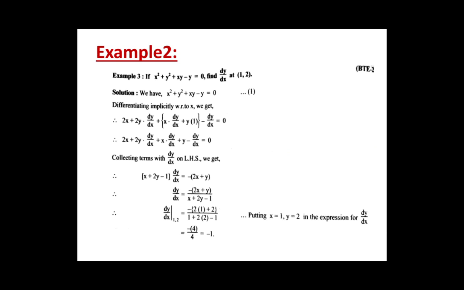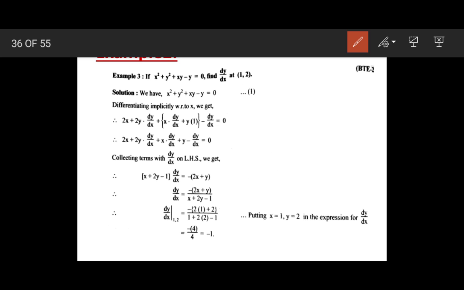Now see one more example. If x square plus y square plus xy minus y equal to 0, then find dy upon dx at (1, 2). Now we have this term which is an implicit function because x and y both variables are mixed. Now directly we have to find the derivative.